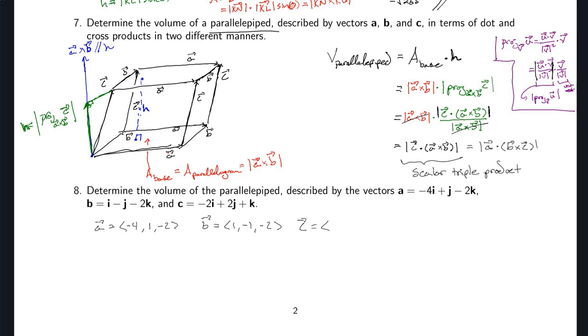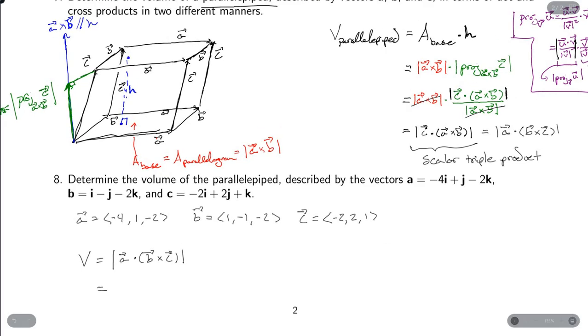I don't like looking at the unit vector format for vectors. I like putting them in the angle bracket, just easier for my brain to think about them. So here's A, B, and C, and so the volume of the parallelepiped is going to be the magnitude, and I'll just do it in alphabetical order. A dotted with B cross C.